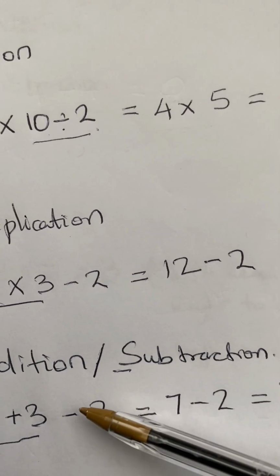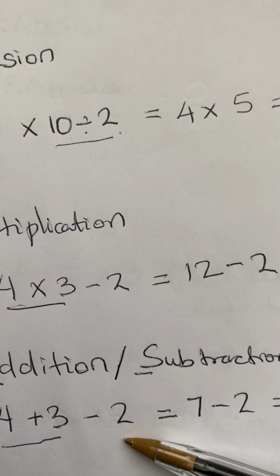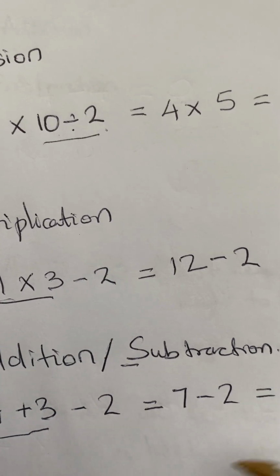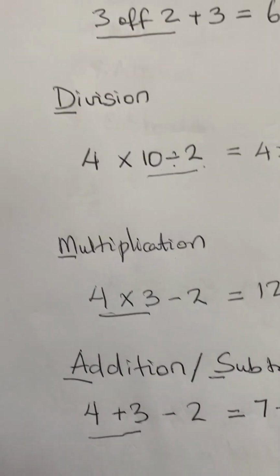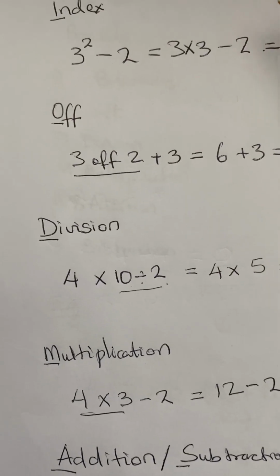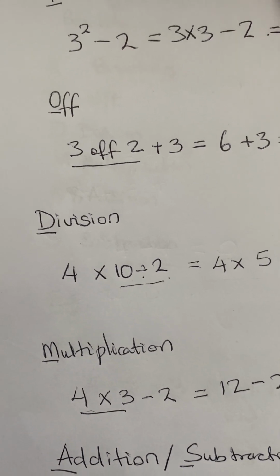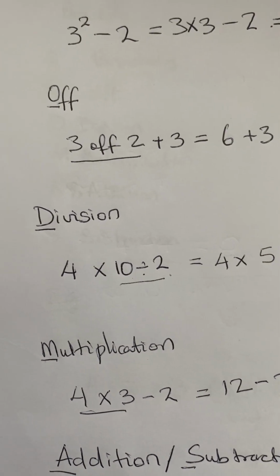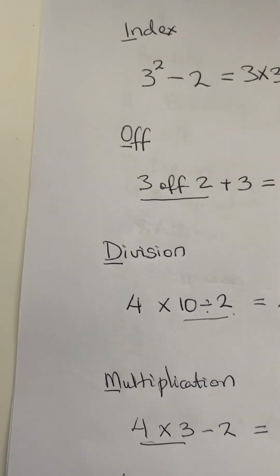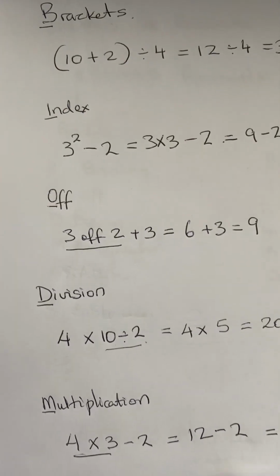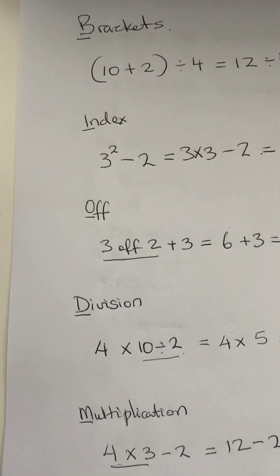If you do the minus bit first, you get a different answer, which will be wrong. So if you have equations with different symbols, as I'm showing you here, then it's better to use Bidmas or Bodmas.